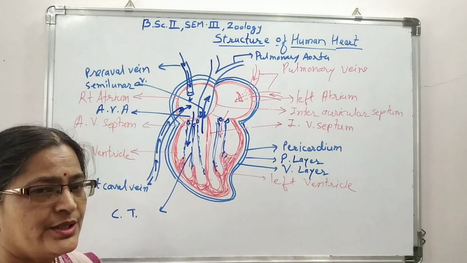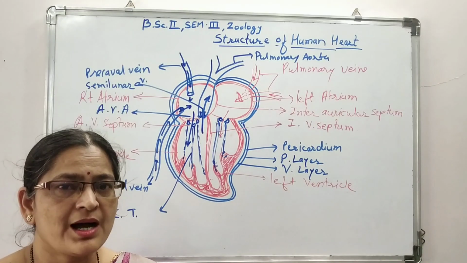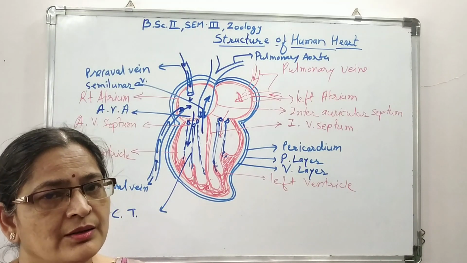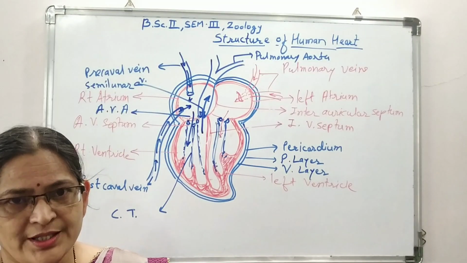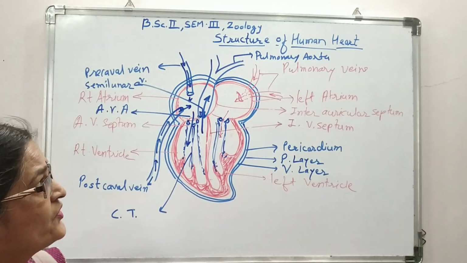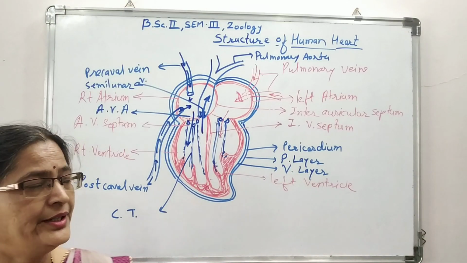Means this deoxygenated blood is passed towards the lungs for further process, that is the process of oxygenation, where blood is purified.